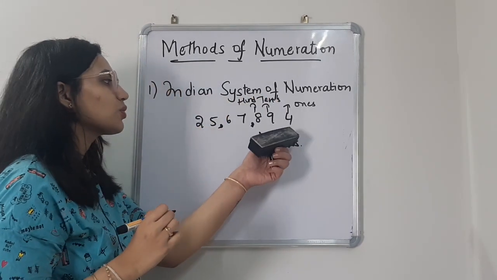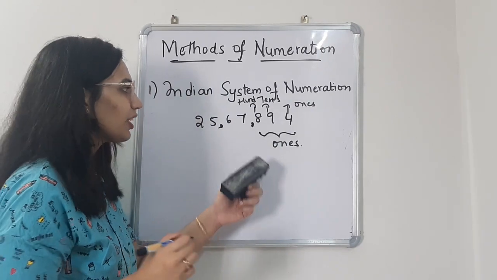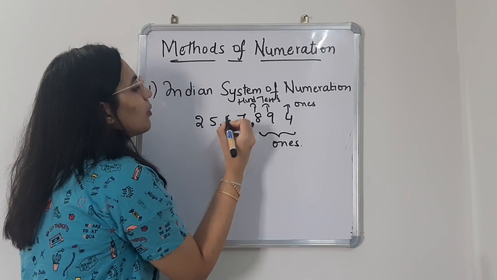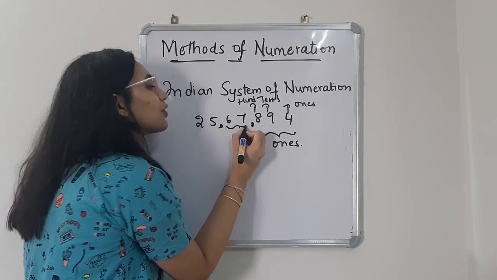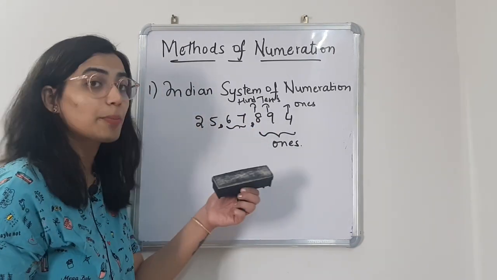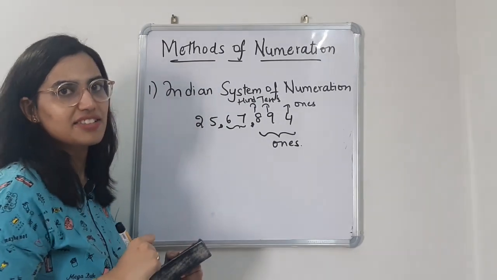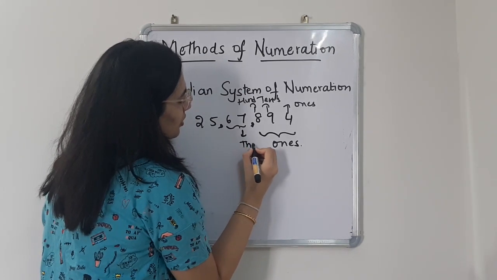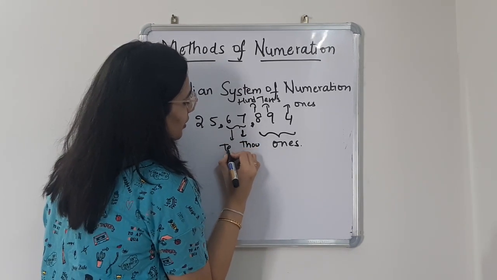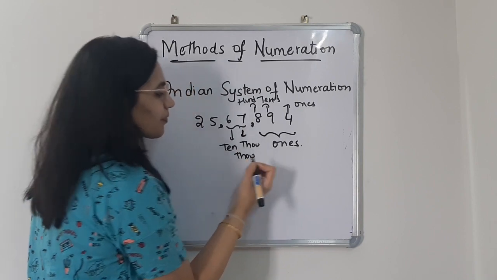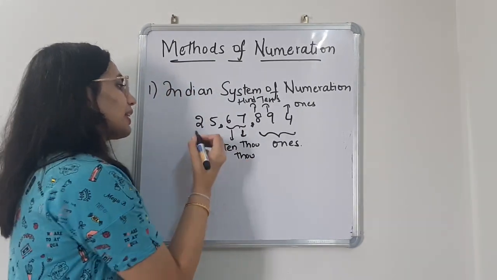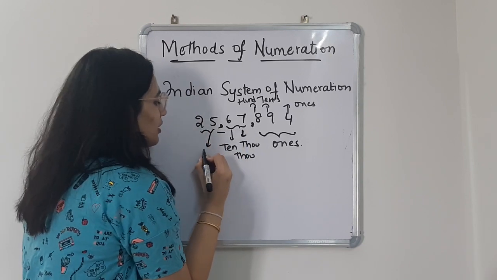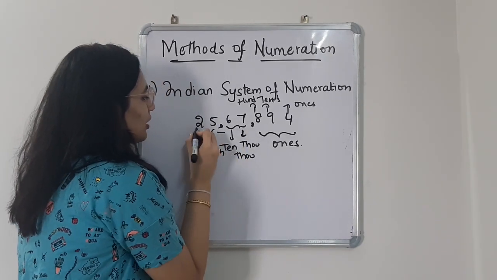As soon as you are done with these three, you will put a comma and immediately after that, a comma after 2 digits. And remember, you need to start from the right hand side. Then this is thousands and this is 10,000s. Immediately after 2 digits, you put a comma here and this will be 1 lakh and this will be 10 lakh.